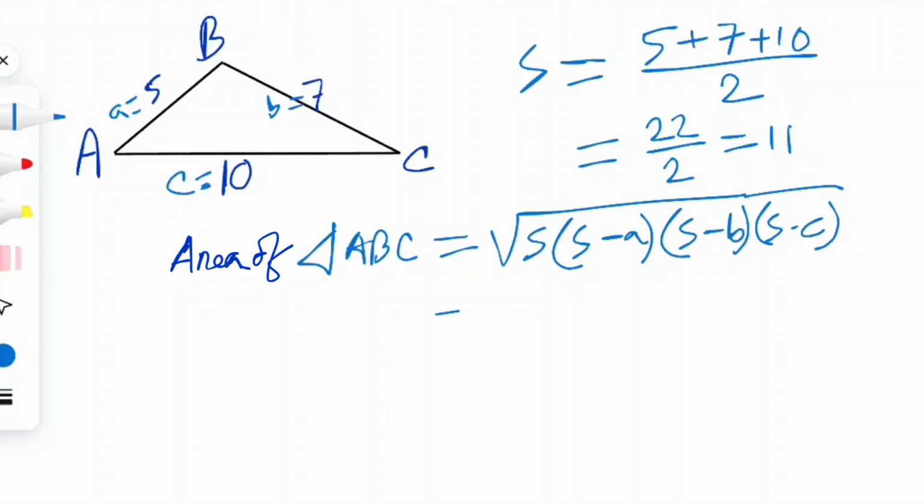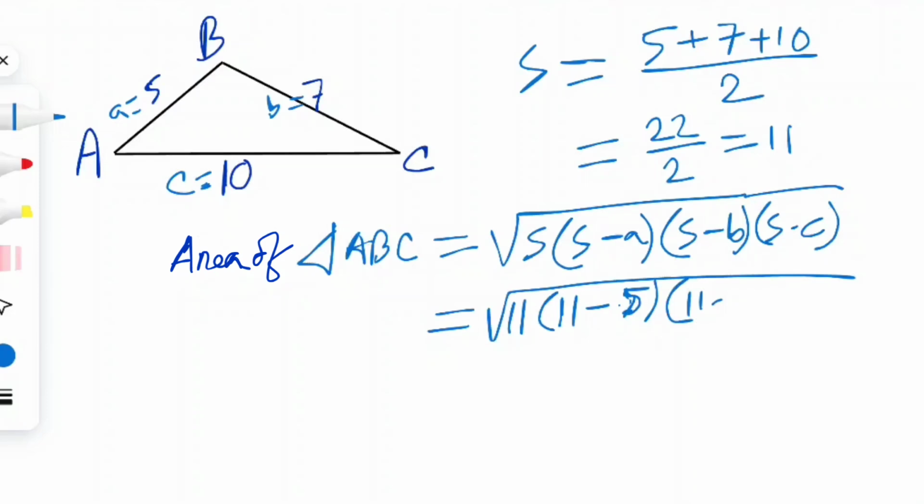So root over 11 into 11 minus 5, into 11 minus 7, into 11 minus 10.